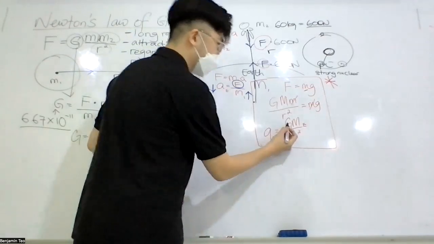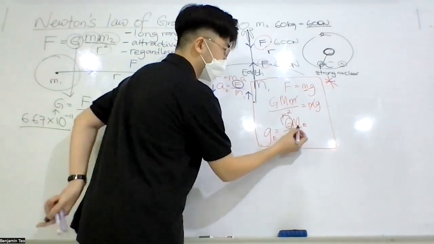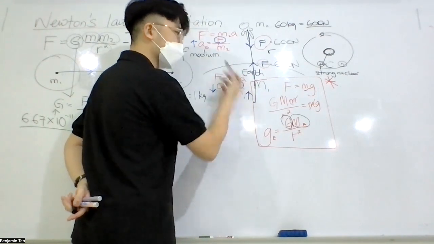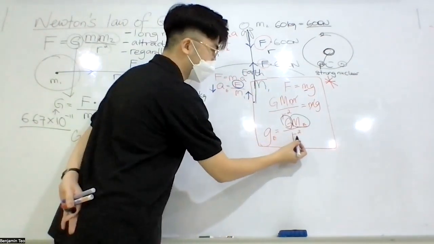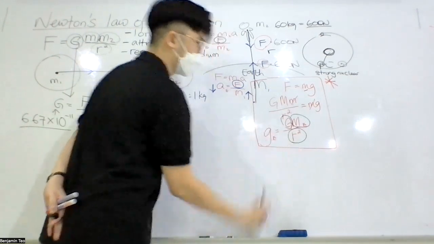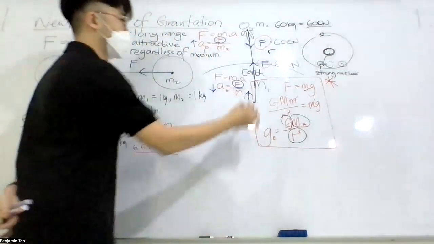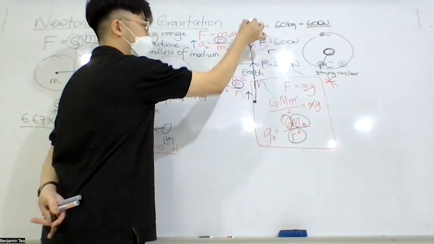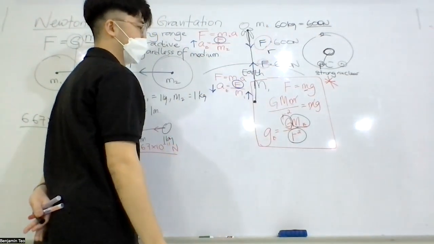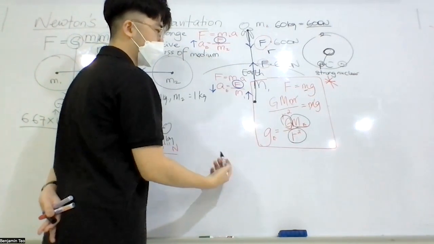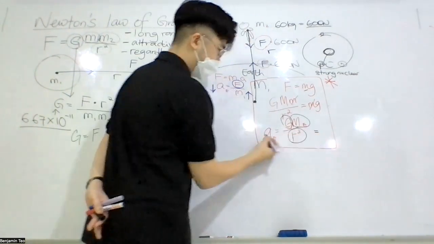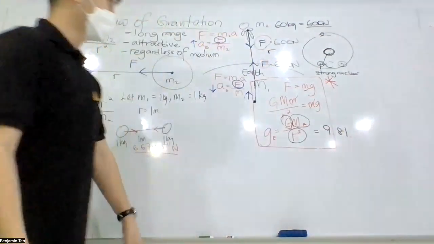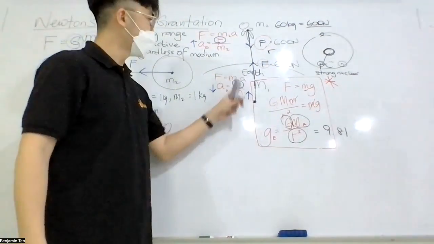See, this is fixed. The mass of the Earth, as long as it is Earth, is fixed. So g depends on r squared. R is the distance between me and the center of the Earth. Previously, we learned that the g value is 9.81. What is the radius here?